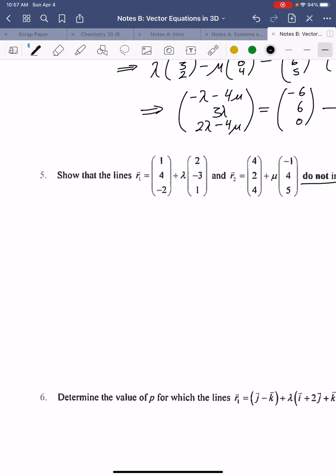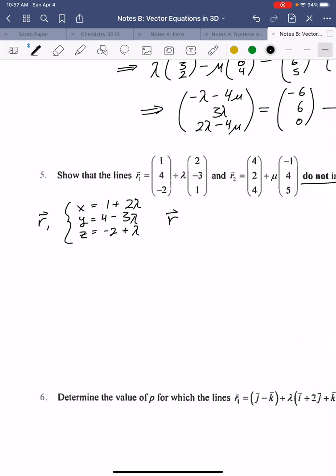So for R1, instead of using matrices, we can write X, Y, Z. X equals 1 plus 2 lambda, Y equals 4 minus 3 lambda, and Z equals negative 2 plus lambda.